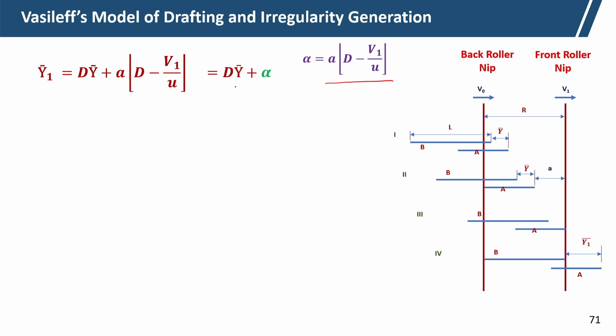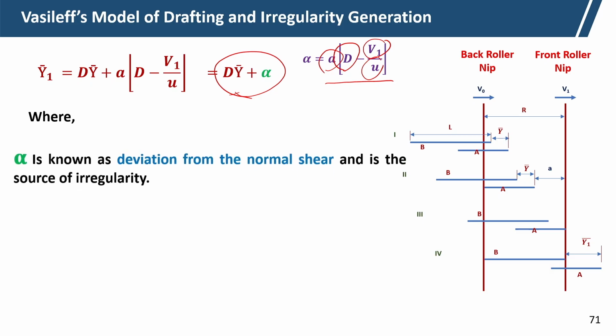So, d y bar plus alpha. Alpha is a term which is a function of draft, the mean velocity and a. Alpha is known as the deviation from the normal shear. For normal shear it has to be d multiplied by y bar.